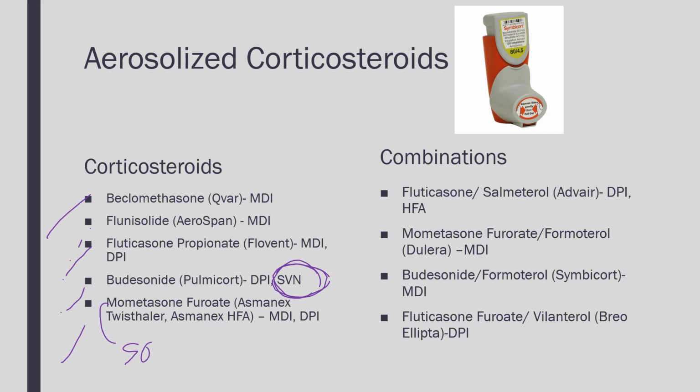But when we're looking at budesonide or Pulmicort, in theory, it can be mixed with bronchodilators, and you'll see different debates out there. You can mix it with bronchodilators. You'll see some facilities that do not mix it with any other medications. So just be aware, different hospitals might have different policies. I've seen it both ways.